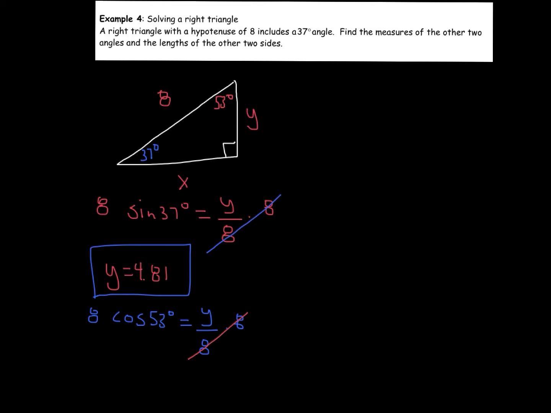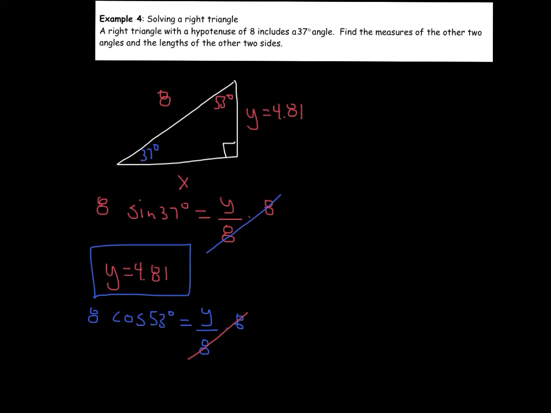All right? So let's go ahead and get x. Now, some of you may be thinking, since I already know that y is 4.81, and I already know that the hypotenuse is 8, can't I use the Pythagorean theorem to get the third side? Absolutely you can. But for practice, we're going to use trigonometry, and we're going to get the third side that way.